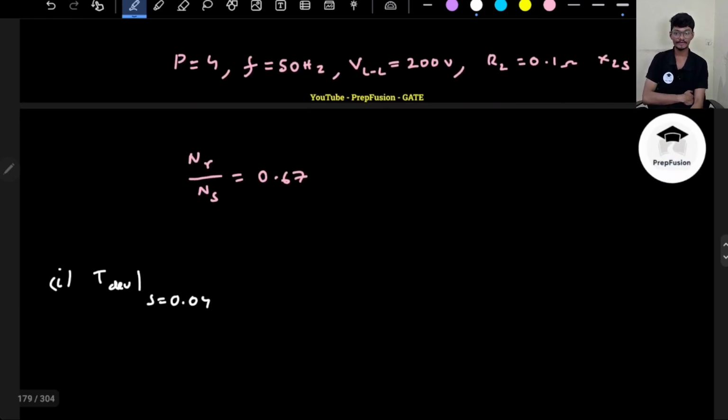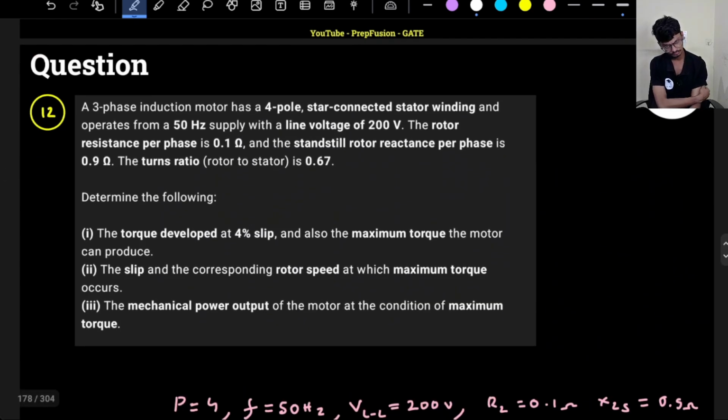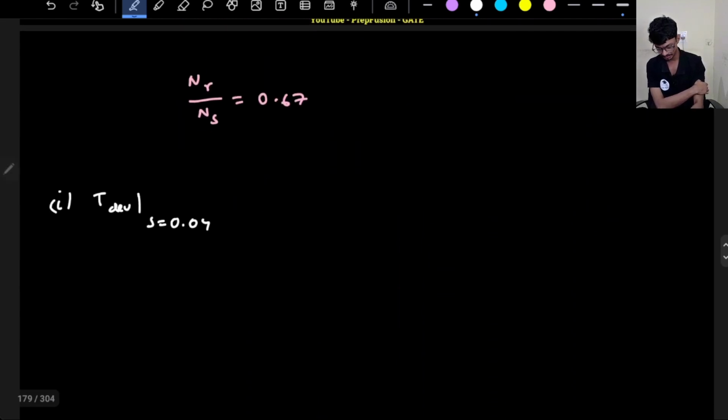So for that I have to draw the equivalent circuit. First of all, they have not given any stator resistance, right? So I can neglect the stator resistance. So basically if I draw the circuit, there will be some parallel branch that will contain the Ri and the Xm.